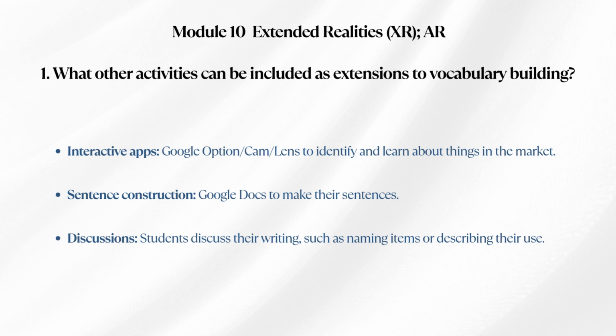In that lesson, one can use, for instance, interactive apps such as Google Lens, so that students identify and learn about objects in the supermarket. After that, they can construct their own sentences using Google Docs. After making their sentences, they can share them with others, discuss their ideas, and then reflect on others' ideas.